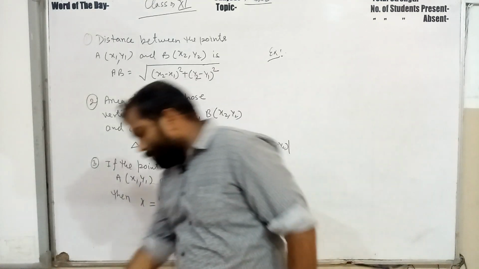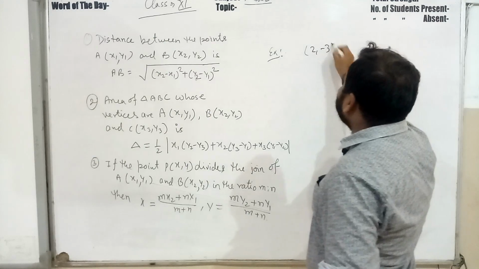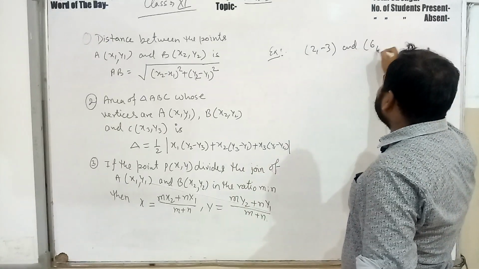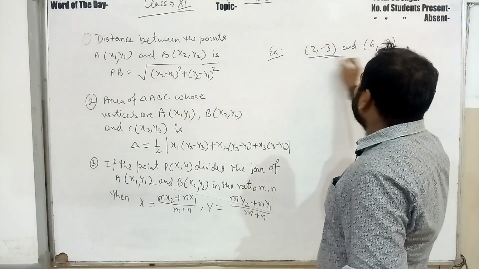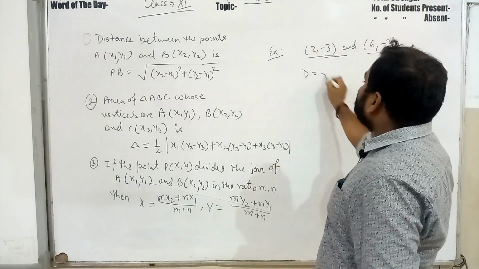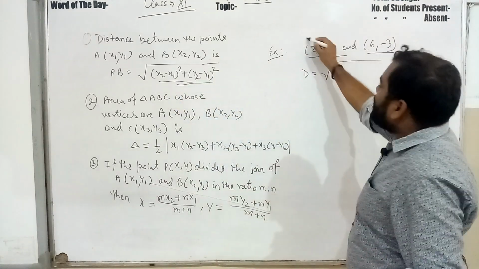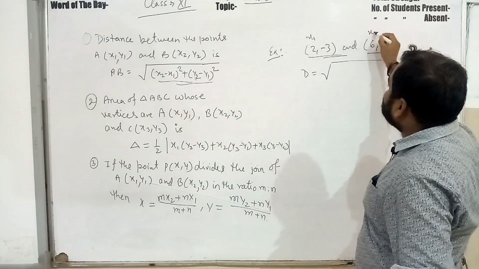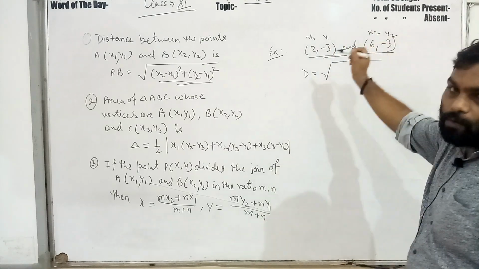For example, the distance between the points (2, minus 3) and (6, minus 3). So we have to find the distance between these two points. According to the distance formula, we can take this as x1, this as x2, this as y1, and this as y2.